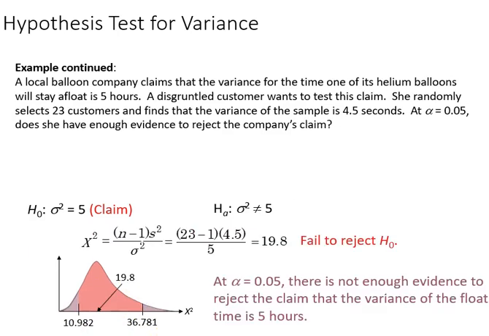And the next step is to determine our test statistic using our equation here for chi-square. And if we plug in our values, we come to 19.8, and that does fall in the non-rejection area because it's between the two cutoff values. So at alpha 0.05, there's not enough evidence to reject the claim that the variance of float time is 5 hours.